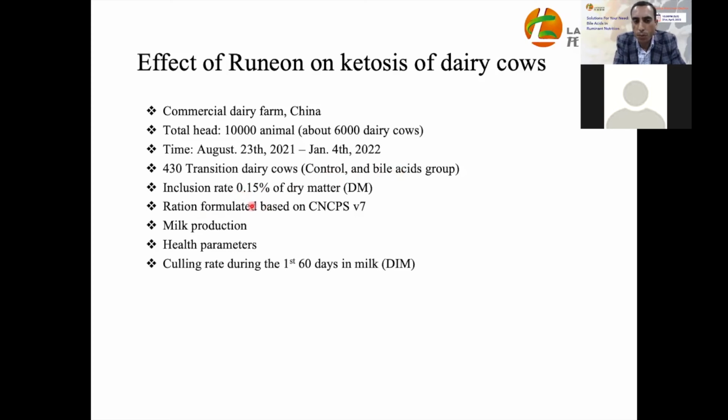The diet was formulated based on CNCPS version 7, using the commercial version of EMTS. The parameters estimated and analyzed in this experiment were milk production, health parameters, culling, and some fertility.